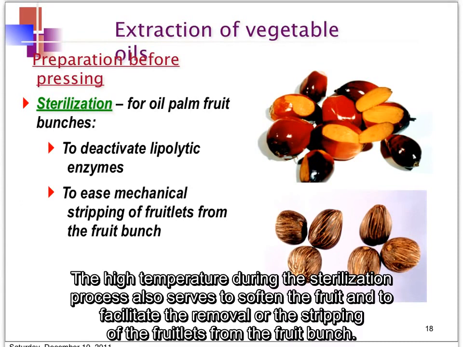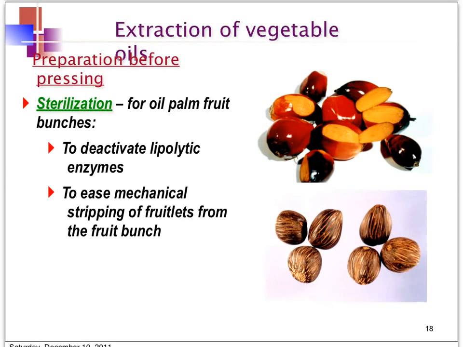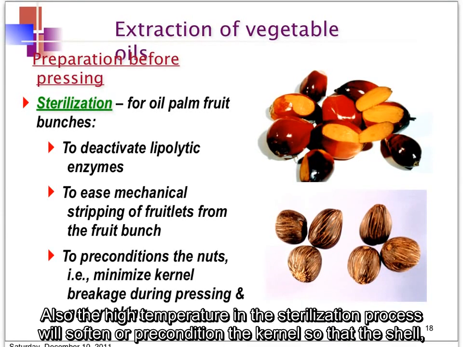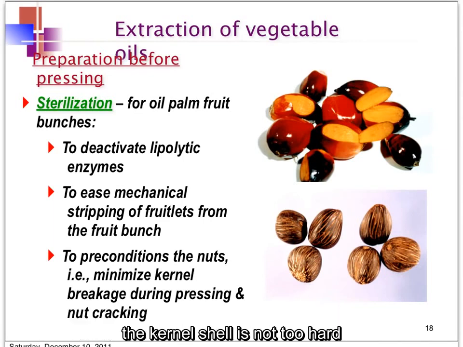The high temperature during the sterilization process also serves to soften the fruit and to facilitate the removal or stripping of the fruitlets from the fruit bunch. Also, the high temperature will soften or precondition the kernel, so that the kernel shell is not too hard.